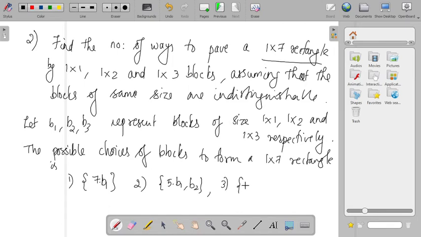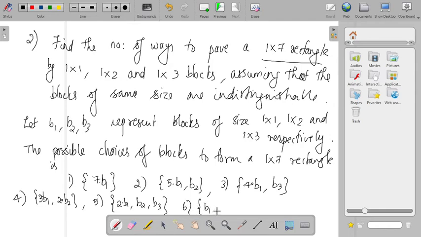Then the third one is, you can take 4 B1 and B3, and then you can take 3 B1 and 2 B2, and fifth case is 2 B1, B2 and B3.